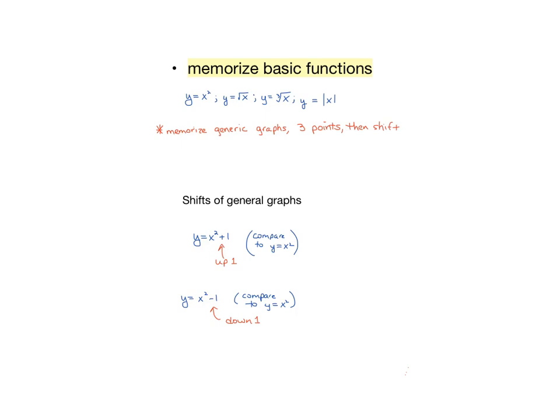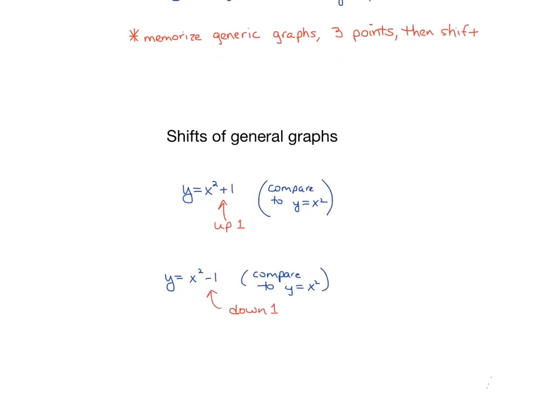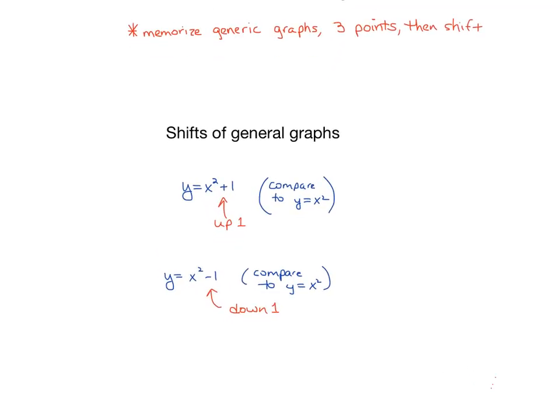So, for example, on these first two, when you have something added or subtracted to your x squared, this tells you that it's a shift either up or down. So if it's a plus 1, we know we're shifting it 1 unit up. If it's a minus 1, we're going to shift all of the points from the parent 1 unit down. If it were a plus 2, we would shift them all up 2. Does that make sense?